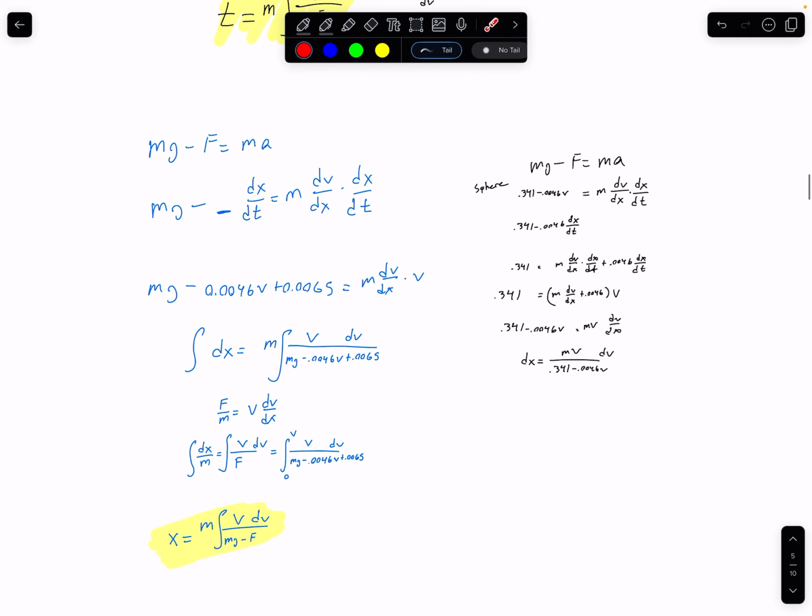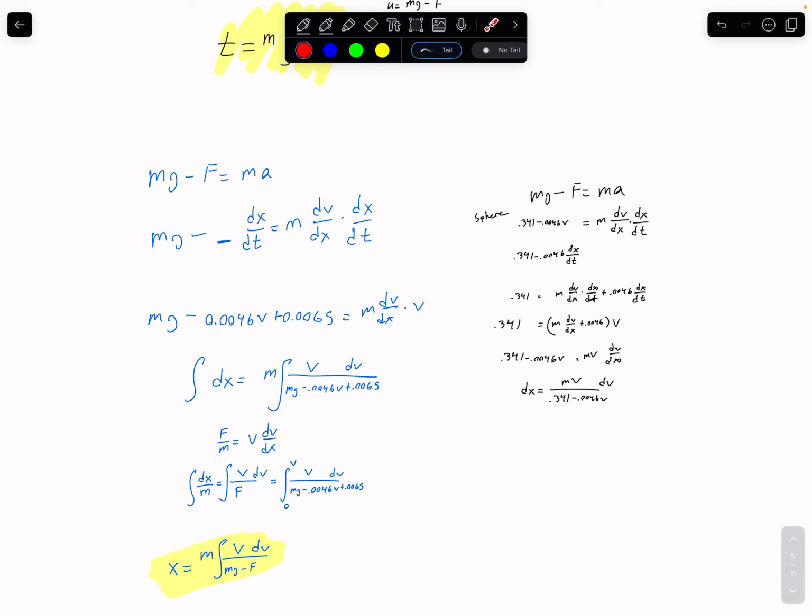Then moving forward, for the distance, I refer to distance as x. In this case it really should be y, because it's vertical, but I just used x for comfort.